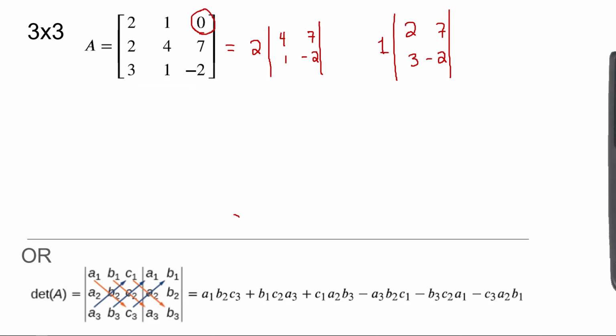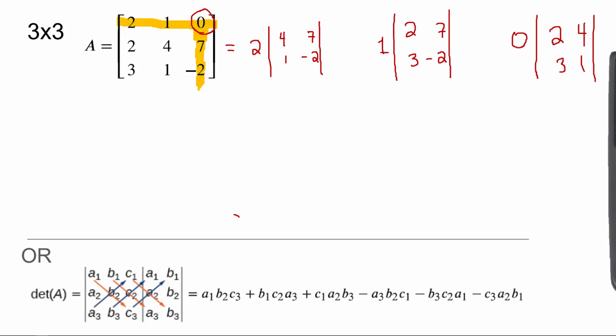And let's shade out the row and the column that one's on. So we're left with this 2, 4, 3, 1. And that is the minor that we need. I've got the 0 from the top row, and then I need this little minor, the little piece of a matrix right there. So we just broke that 3 by 3 matrix down into 3 2 by 2 matrices.